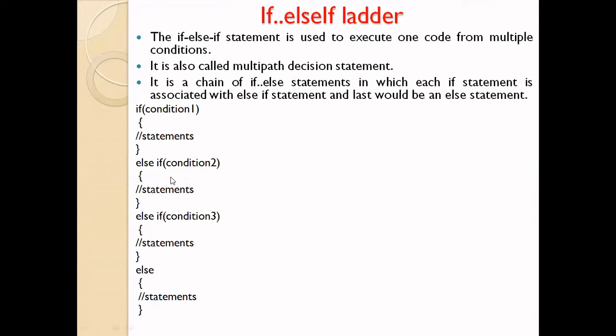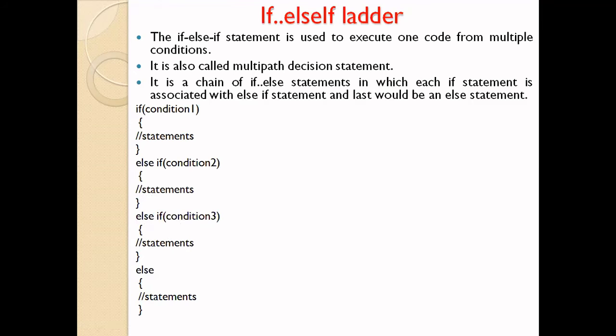If the second condition is true, it will execute the second statement. If it is false, it will go to the third condition. If the third condition is true, it will execute the statement. If the third condition is also false, finally it will go to the else statement. So this is called if else if ladder.